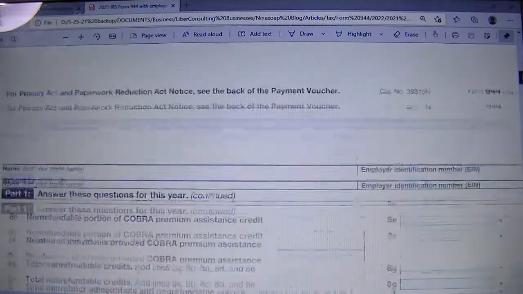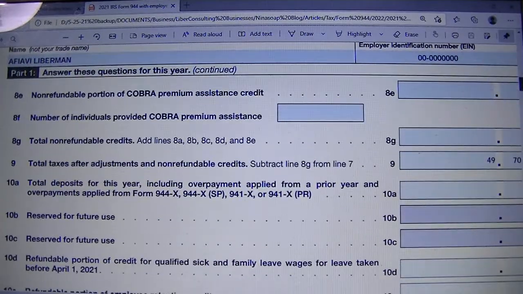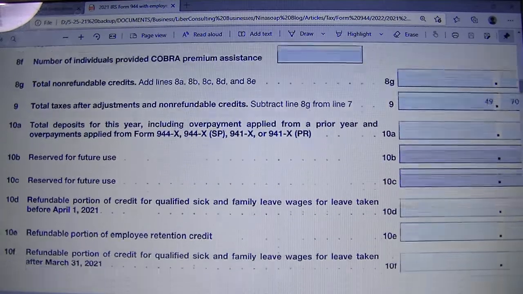So we will see the total credits here, the total tax. The non-refundable decreases the tax dollar per dollar, and in our case, because it's 0, our tax is still $49.70.